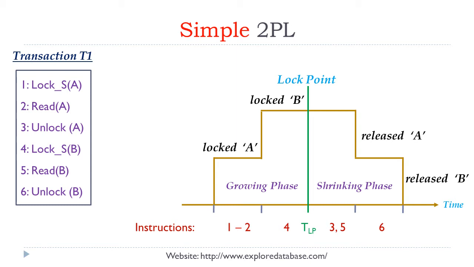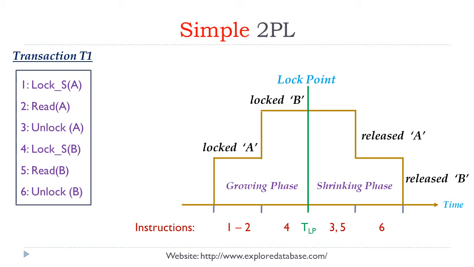It is not compulsory to lock all the data items before starting to execute any instructions. Once you have locked A, the next instruction is reading A, so that you can read A. But you cannot unlock A, because unlock A can be executed only after the lock point, during the shrinking phase.